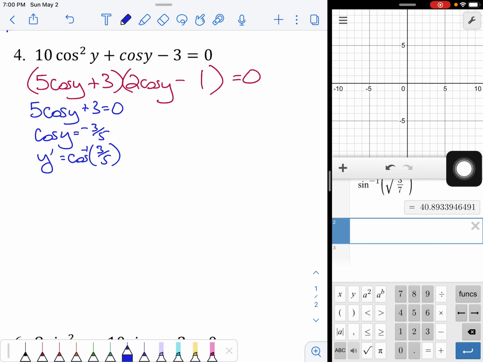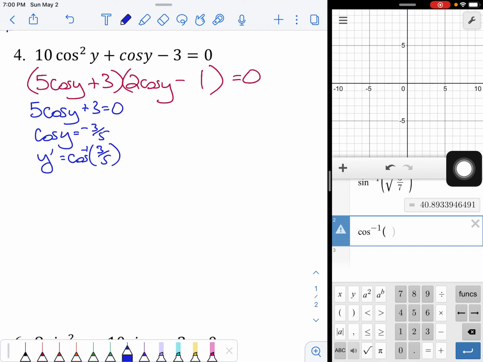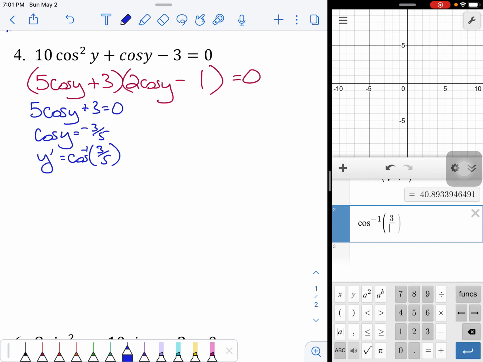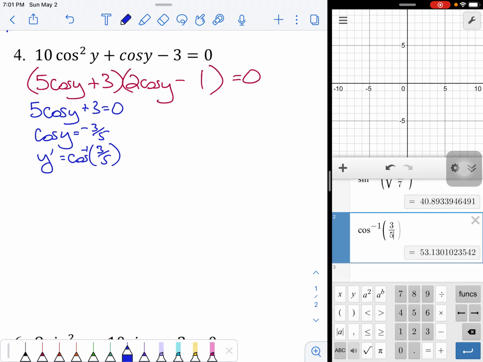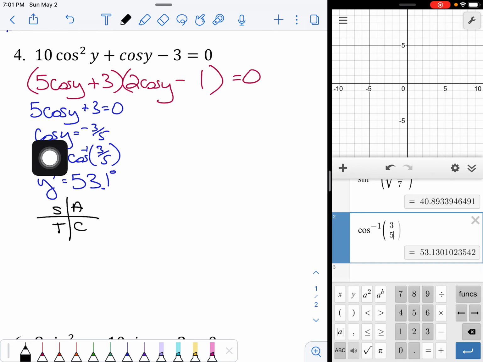All right, so speaking of inverse cosine, let's go ahead and grab the inverse cosine of 3/5. So y prime, my reference angle, is 53.1 degrees. So if I look at, and this is where I go visual, right, A, S, T, C. So this is supposed to be cosine at a negative.